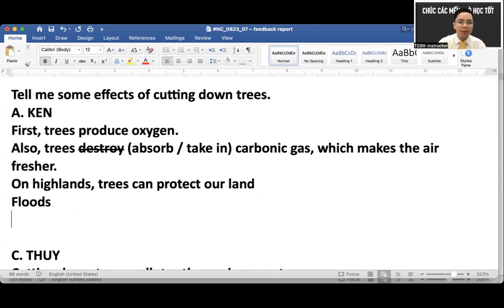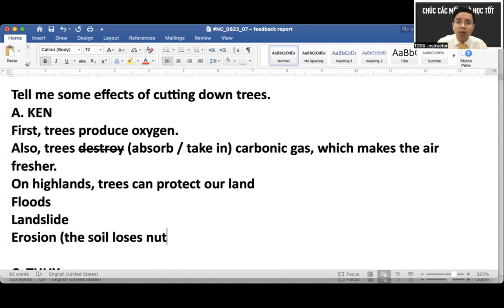And you also talk about landslide, like some days ago in Bảo Lộc. And you may also talk about erosion. Erosion is when the soil loses nutrition because nutrition is washed away.